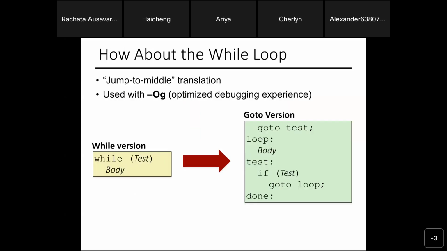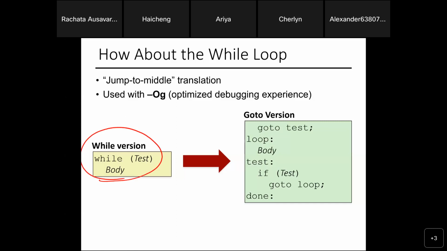Now, the while loop is a little bit different from do while in what way? Do while always does the first iteration, then you check. With a while loop, you check first, right? So if you want to do the goto version of the while loop, the first thing you have to do is not the first iteration.